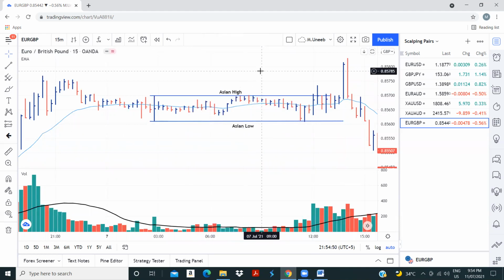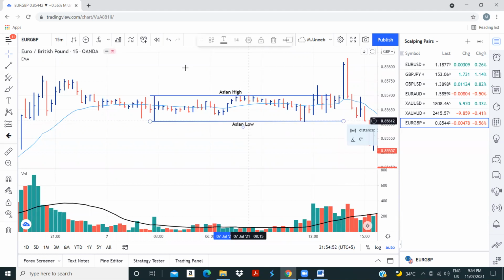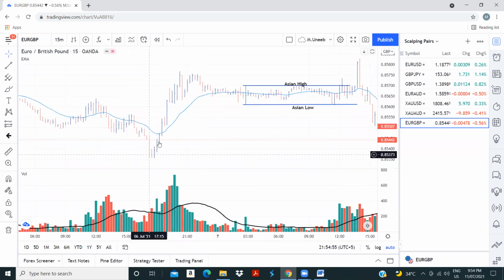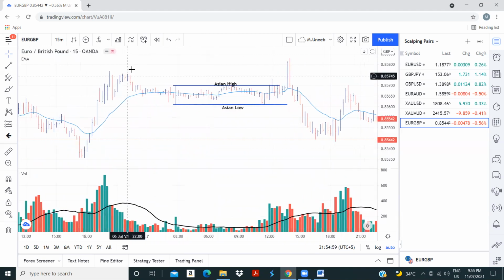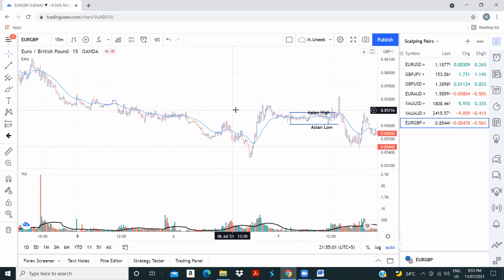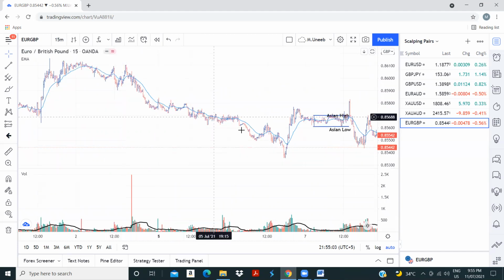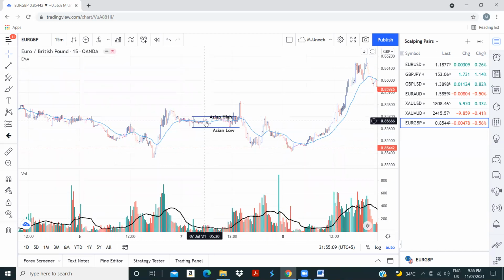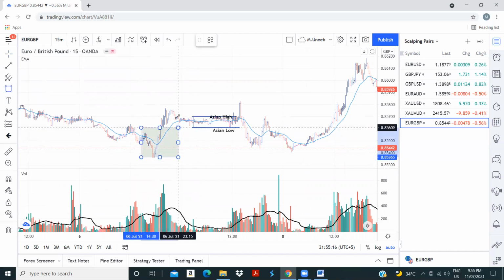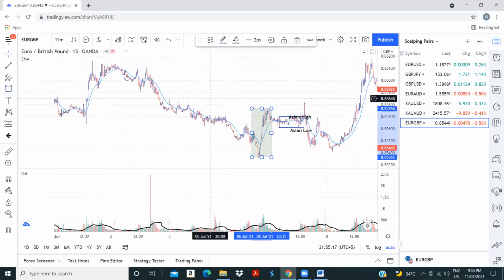Once we have marked them, we define the structure and identify the background here. What do we see here? We are coming back from here. It's a range. You identify the previous market as well. I suggest that before the Asian session you go for at least two market-changing structures. The first structure is this one, the second structure was this one.